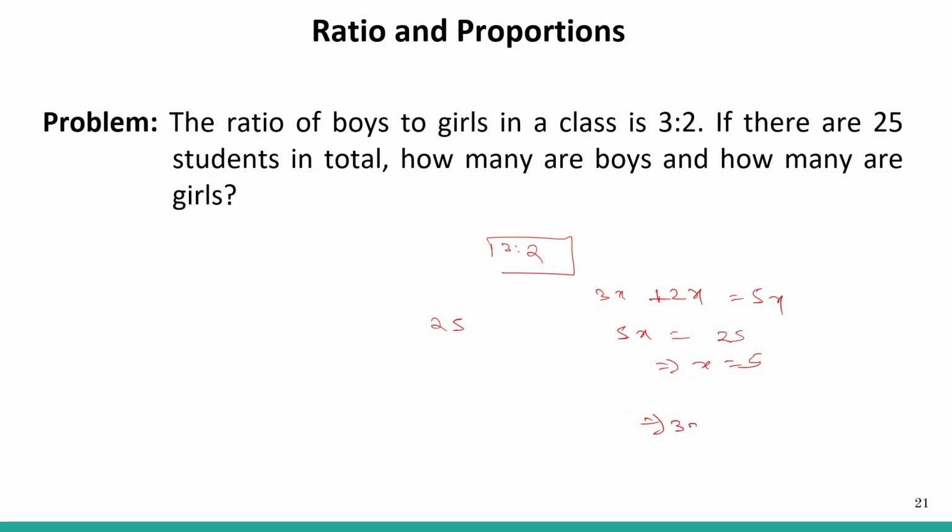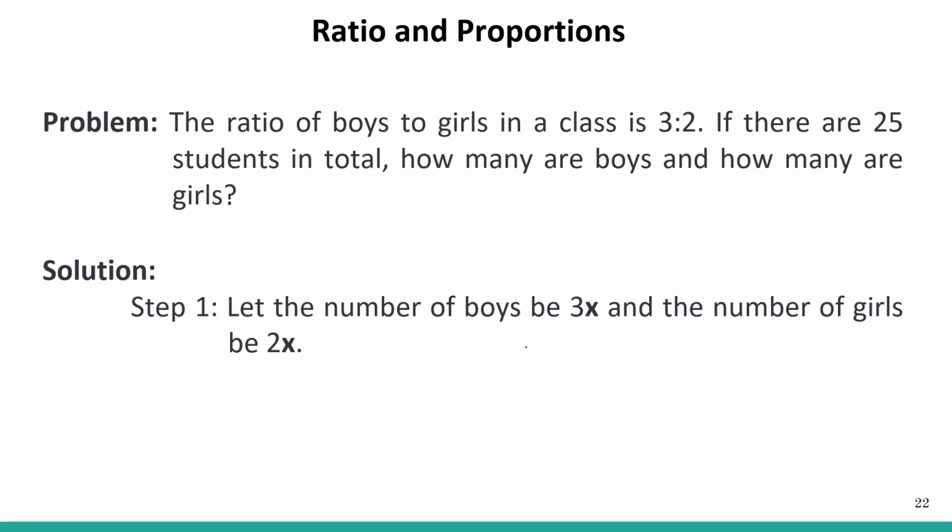So 3x is equal to 15 and 2x is equal to 10. The number of boys is 15 and girls is 25 minus 15, which is 10. Or we can say 5 into 2 is equal to 10. This will be the correct answer. So the number of girls is 10.